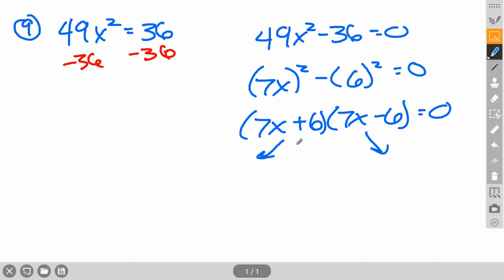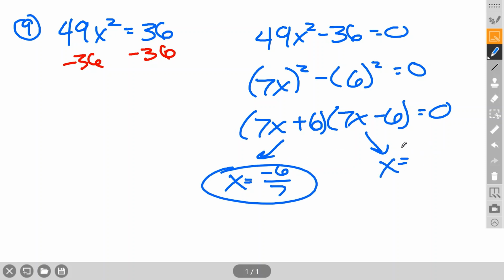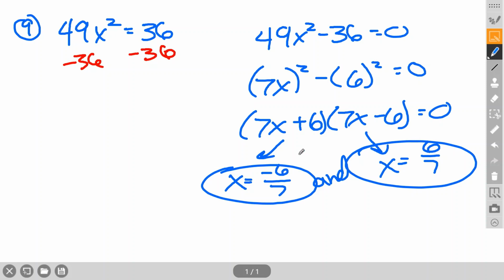The value that makes this equal to 0 will be negative 6 over 7. If you set this equal to 0, you'll get negative 6 over 7. And this factor gives us positive 6 over 7 as a solution. So these are our two solutions. And remember, to get those, you solve the equations 7x plus 6 equals 0 and 7x minus 6 equals 0.